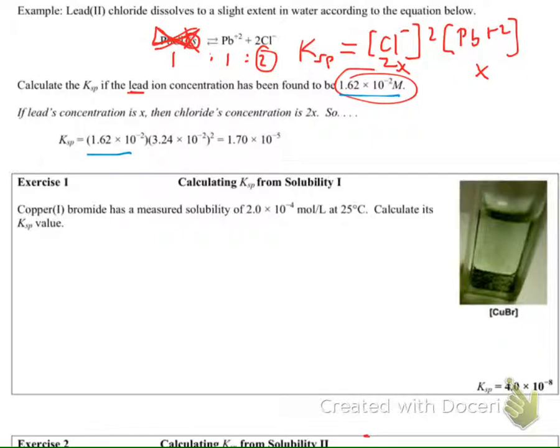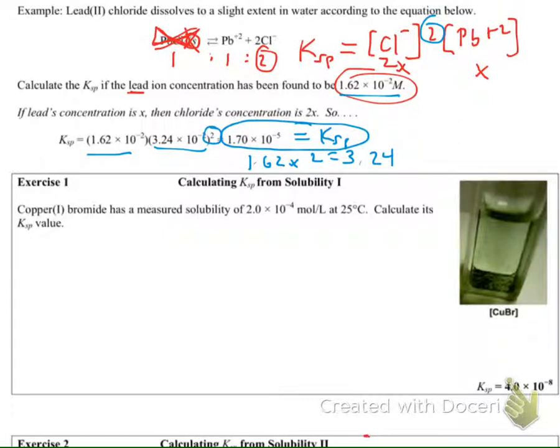They doubled this, 1.62 times 2 is 3.24, and we also squared it. So remember, we have to square this value and we get a KSP value equal to 1.7 times 10 to the negative fifth. We can discuss what that value really means, whether it's soluble or insoluble, in class.